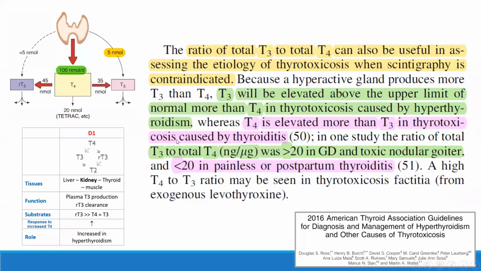And actually in the guidelines, they mention that the ratio of total T3 to total T4, nanogram to microgram, will be more than 20 in Graves' disease and toxic nodular goiter, and less than 20 in painless or postpartum thyroiditis. Why this ratio? Because, as I mentioned, deiodinase enzyme type 1 is activated more and more in endogenous hyperthyroidism.